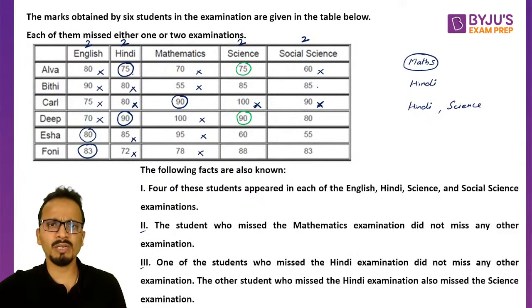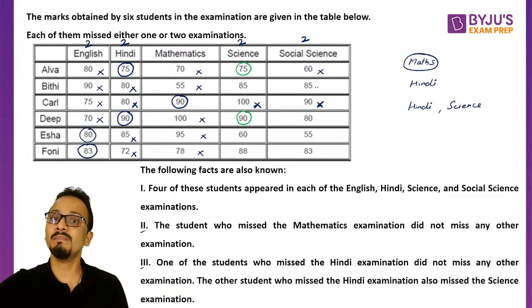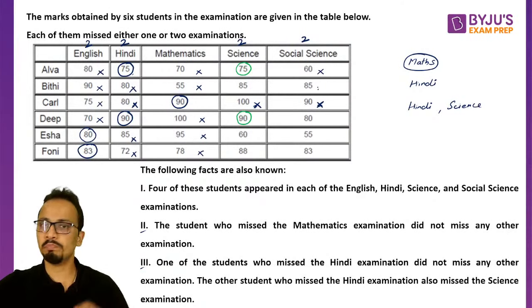Bithi may also miss science as well, so let's leave Bithi for now. Bithi may miss social science. Also, 85 is the average. If we look at the average of the top 3, 90, 85 and 80, the average is 85. So Bithi may miss social science.